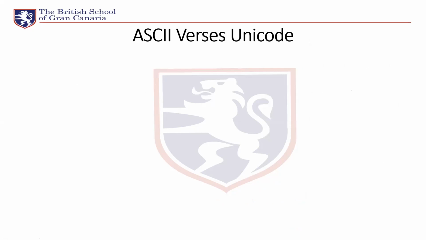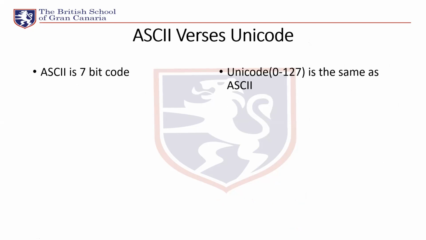So ASCII versus Unicode. Let's take a look at this. ASCII is a 7-bit code, which means it can represent up to 127. Unicode is the same as ASCII and does go from 0 to 127.